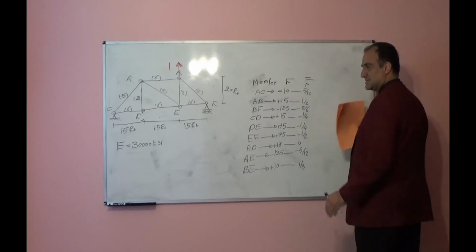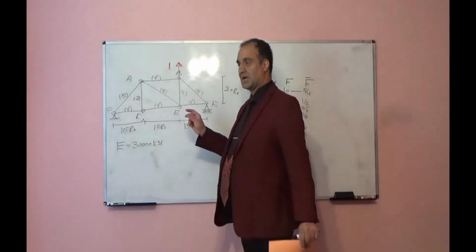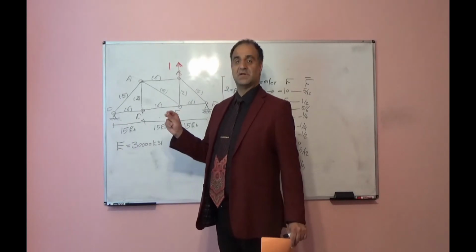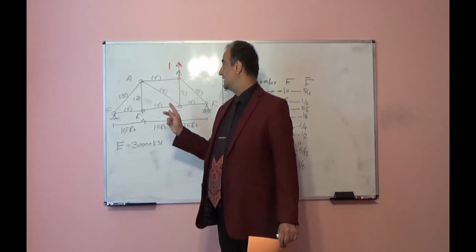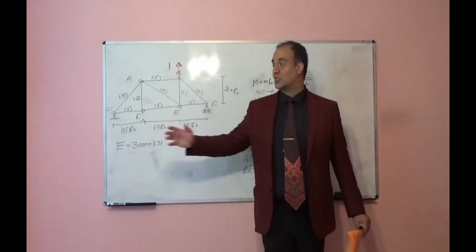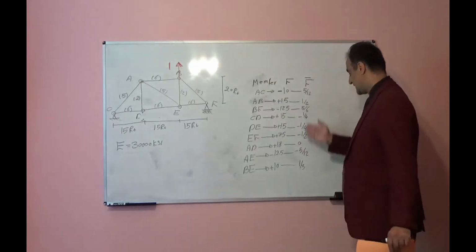So in this step, we apply the unit load at the joint of interest, in the direction in which we want to find deformation. Then again I will find internal forces for all members using the joint method, and I will write them here.